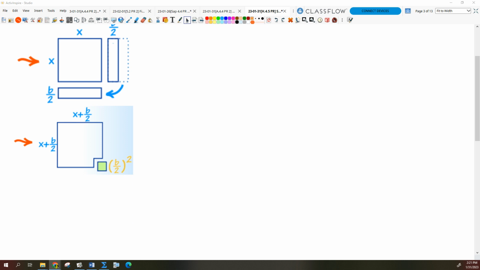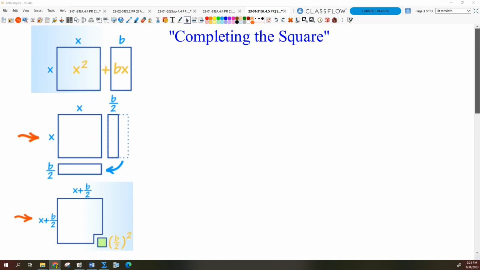In order to complete the square, to fill in that little divot, we would have to add that little tiny square at the bottom. And what would the dimensions be? It'd have to be b over 2 wide and b over 2 tall, right? So to complete the square, we would add to the first two terms, x squared plus bx, b over 2 quantity squared, half of b squared, right? Remember, that's how we complete the square.